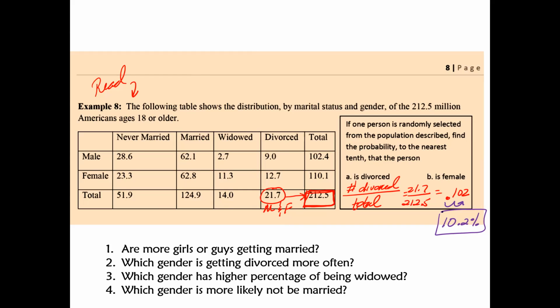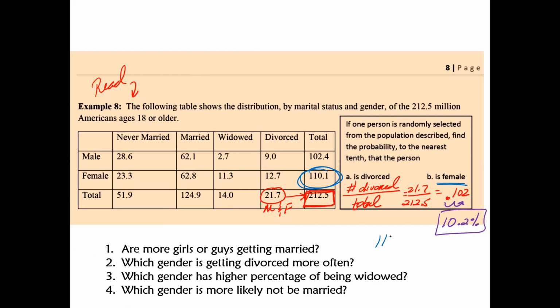All right, let's take a look at B. B says is female, okay? So with that, you are going to look at the chart again. We're going to take a look at the total number of people that are female. So female total right here.